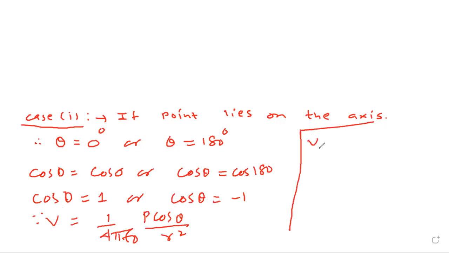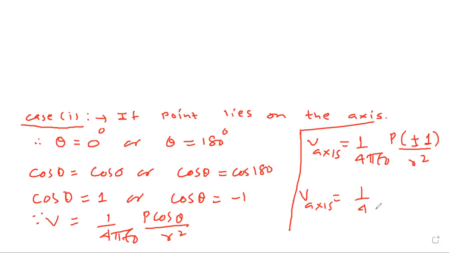Therefore, V at axis will become plus or minus 1 upon 4 pi epsilon naught P upon r square, because 1 into anything is the same thing.